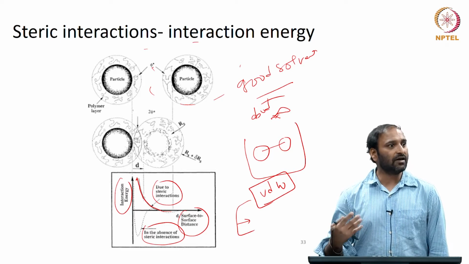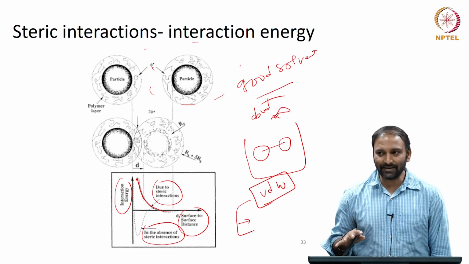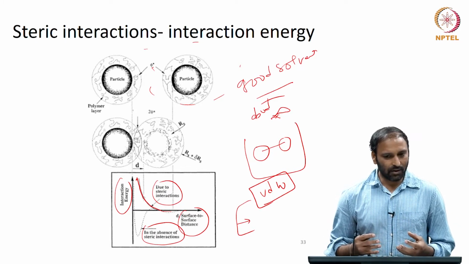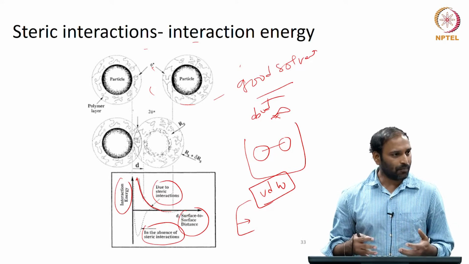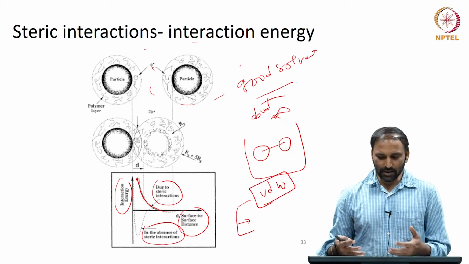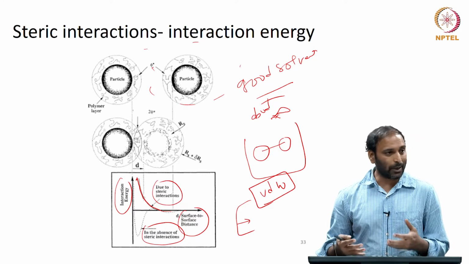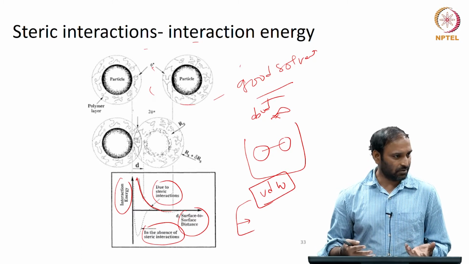Now, the other way of somehow negating the effect of van der Waals interaction is to look at a case where I somehow ensure that the particles would never approach the separation distance where the van der Waals forces become important.